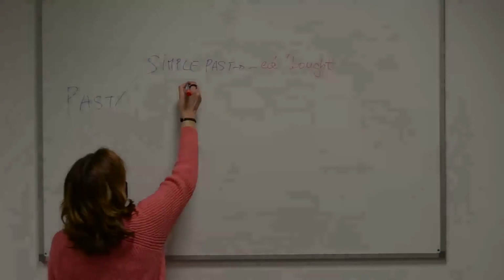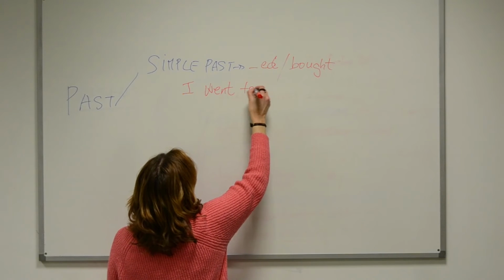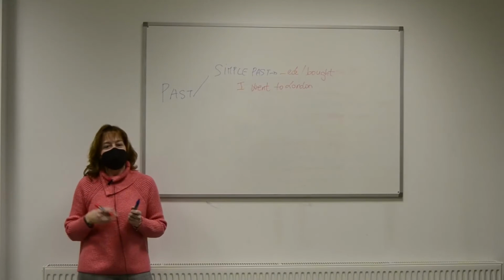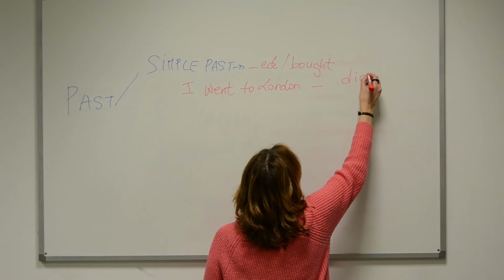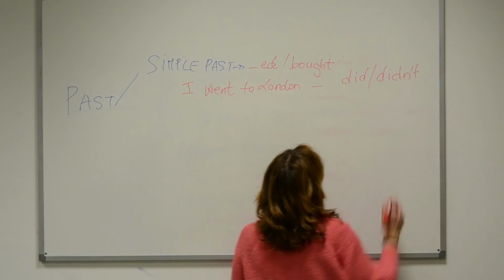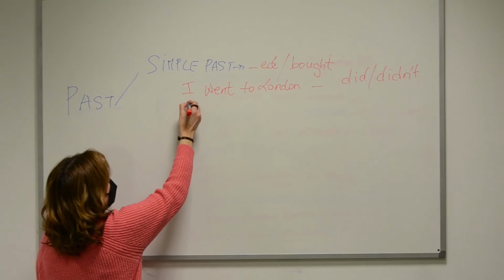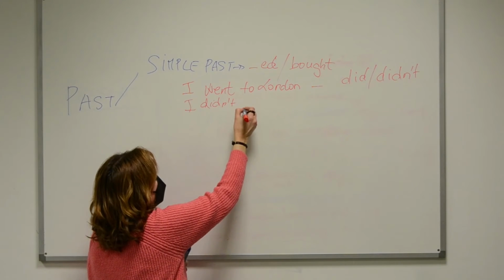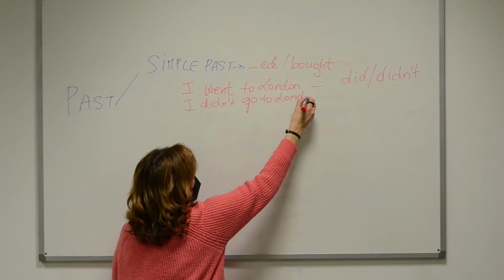For example, I went to London. Negative and interrogative sentences are formed with the auxiliary did. Did interrogative and didn't negative sentence. When this sentence is negative or interrogative, the auxiliary is followed by an infinitive instead of the past form.